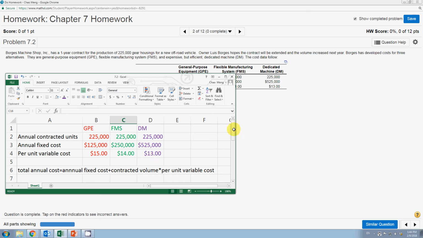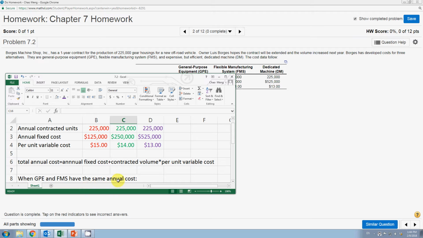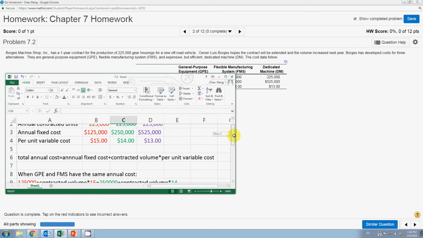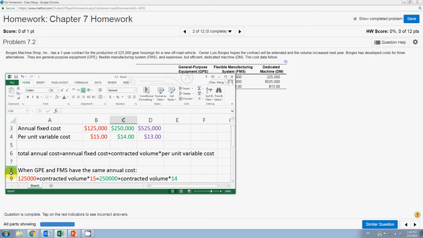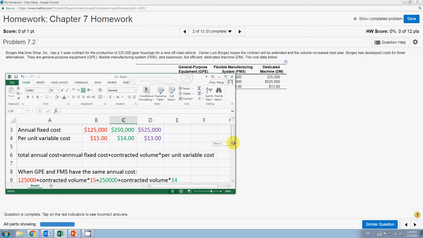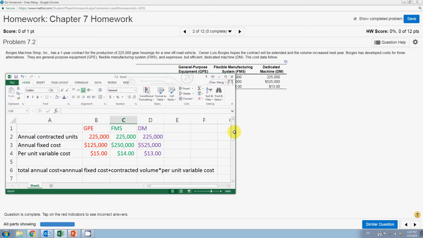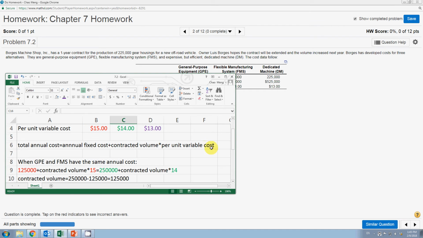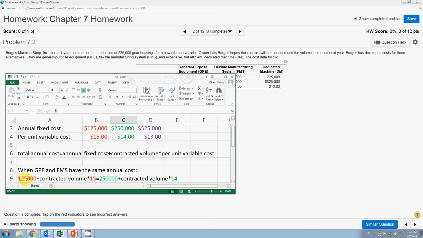So let's calculate when those options have the same annual cost. So let's do this equation. In this equation, the left-hand side is the annual cost for the first option, which is the GPE. So it is the fixed cost plus the contracted volume, because we want to find a volume that makes the two annual costs the same.